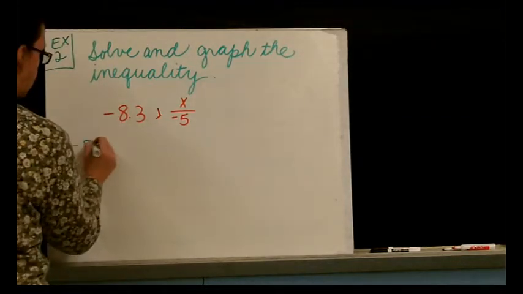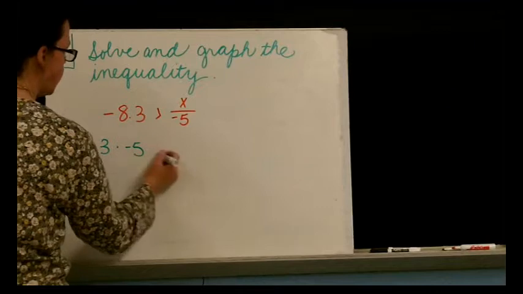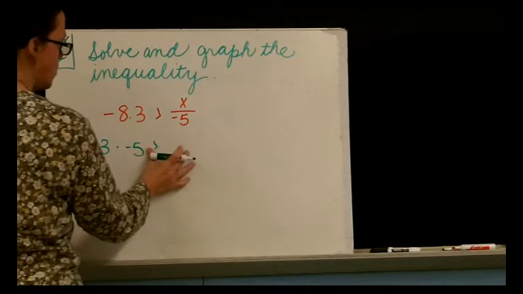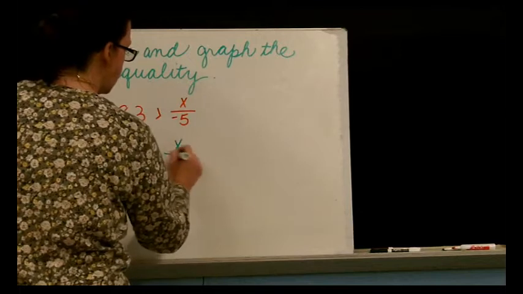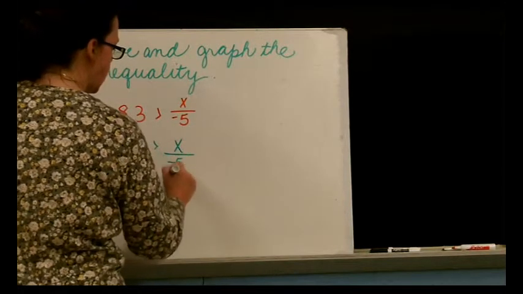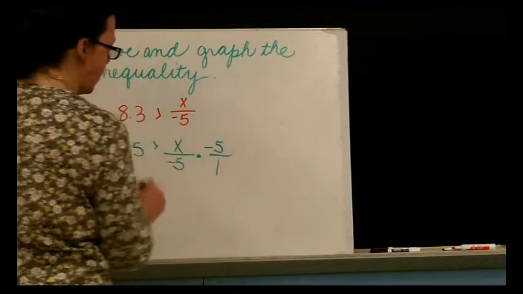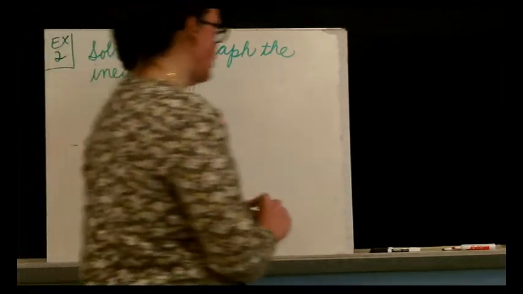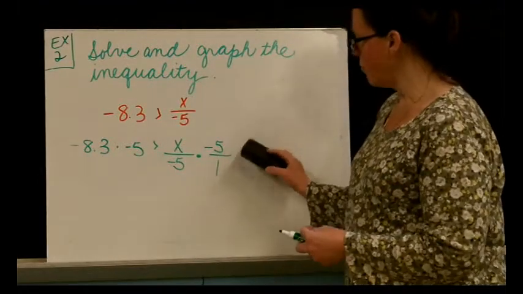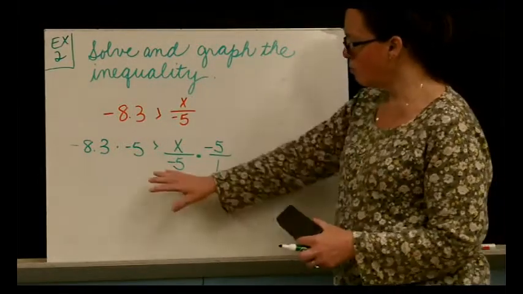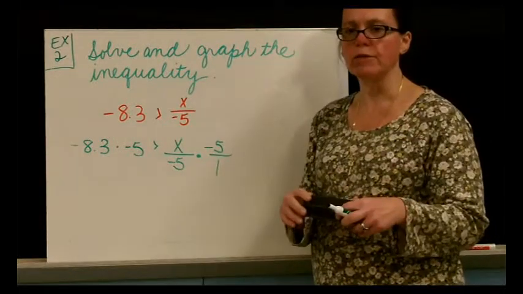So we have negative 8.3 times negative 5, and then we have x divided by negative 5 times negative 5 over 1. The reason I put our negative 5 in a fraction is because we're multiplying it by a fraction. I think it's just easier on the eyes to have it balanced.